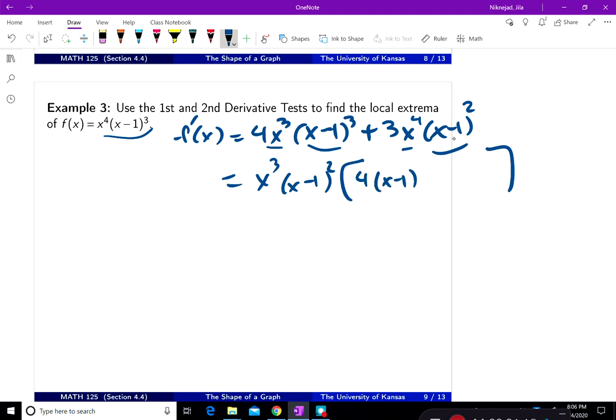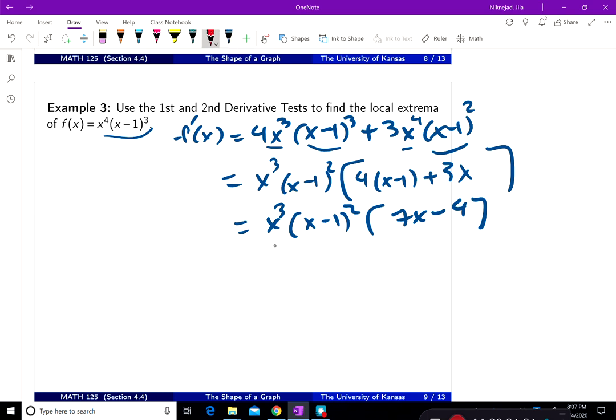What is left of the second one is 3x. So the entire thing becomes x cubed, (x minus 1) squared, (4x minus 4 plus 3x), which is 7x minus 4. Now, how many critical numbers do I have? x equal to 0, x equal to 1, and x equal to 4 over 7.